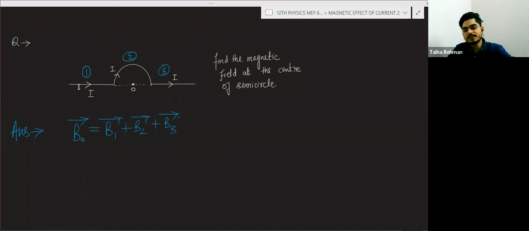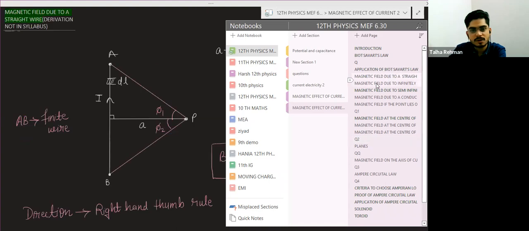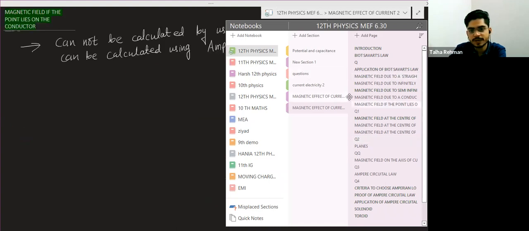Now we will calculate the magnetic field due to this wire. Can anyone tell me what will be the value of magnetic field at this point O due to this wire 1? Nafisa, this is the straight wire and this is a point along the length of the wire. I think you have forgotten the things. See this point.